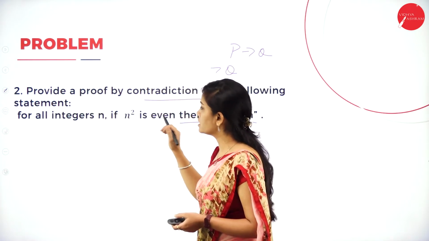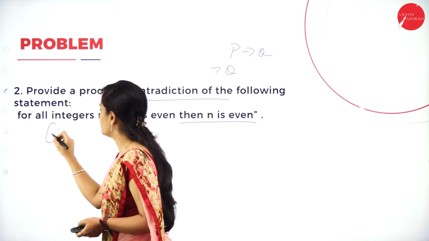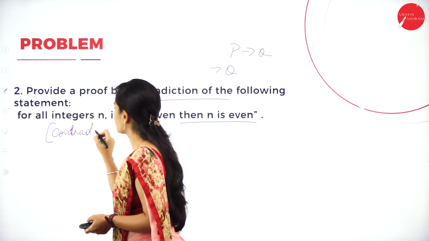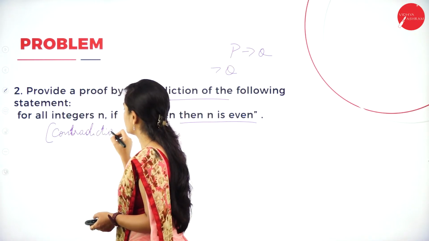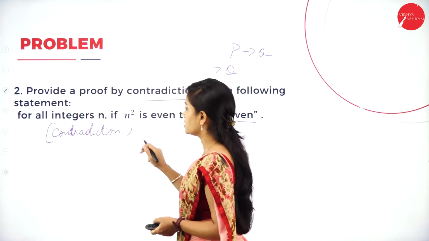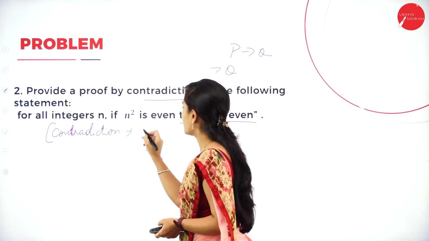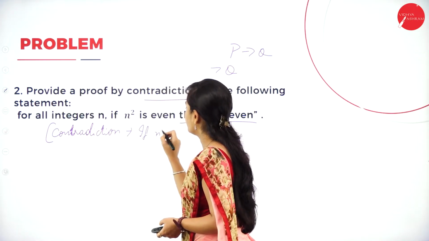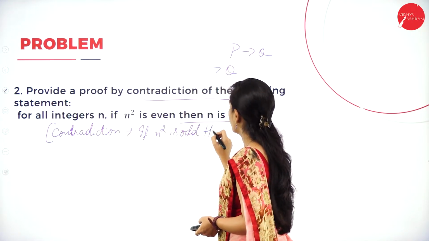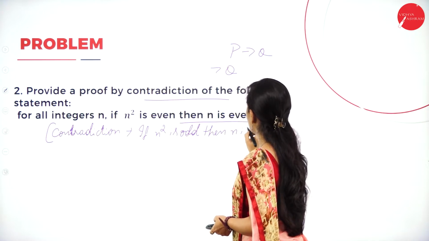So I will prove this by contradiction. What is the contradiction of this statement? It is: for all integers n, if n square is odd, then n is odd.